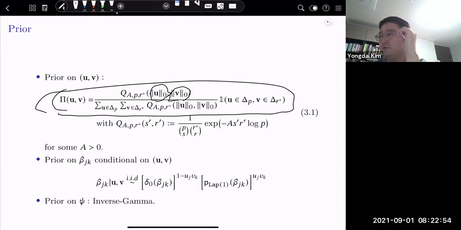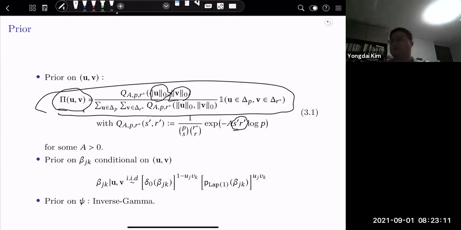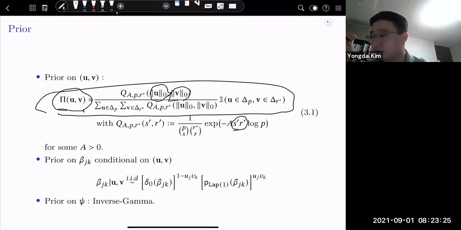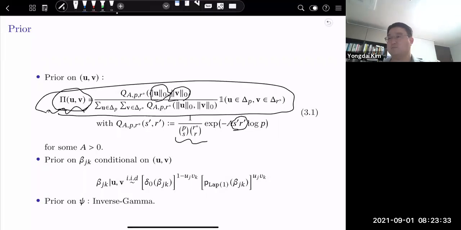So the prior depends on S' times R', which means it depends on the product of the number of non-zero row vectors and non-zero column vectors. Initially, we tried to use independent priors for the non-zero row vectors and non-zero column vectors, but the posterior distribution doesn't have nice frequentist properties, so we devised these priors. And there is a normalizing term.